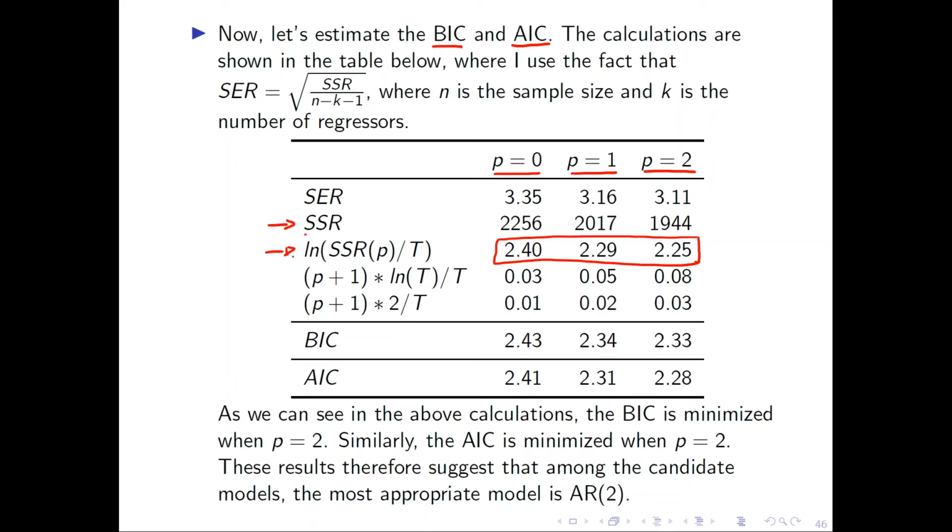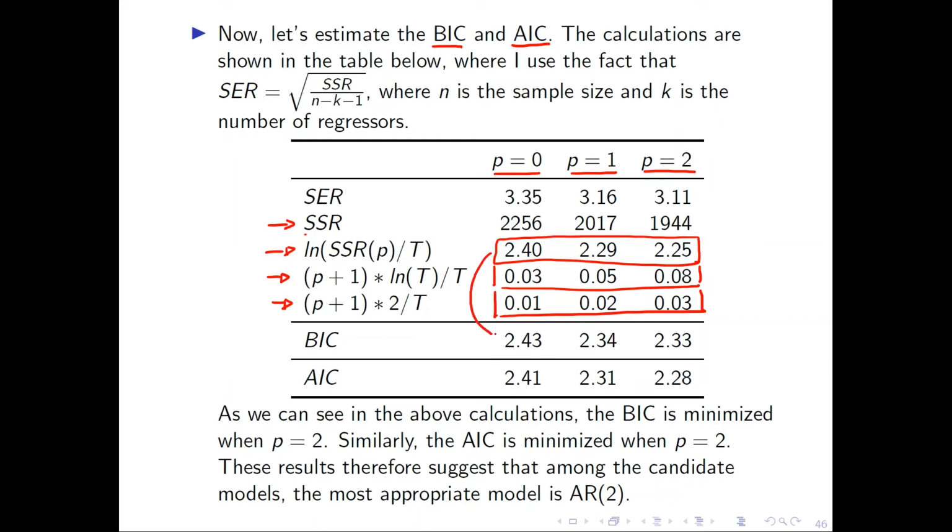And for the Bayesian information criteria, you have the penalty term, which increases for every lag that you add onto the model. So you have the penalty term here for the Bayesian information criteria, and you have the penalty term here for the Akaike information criteria. So these two are added.